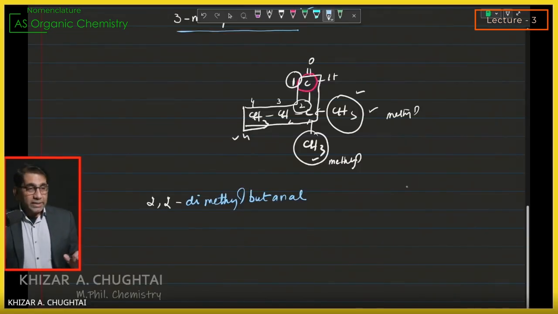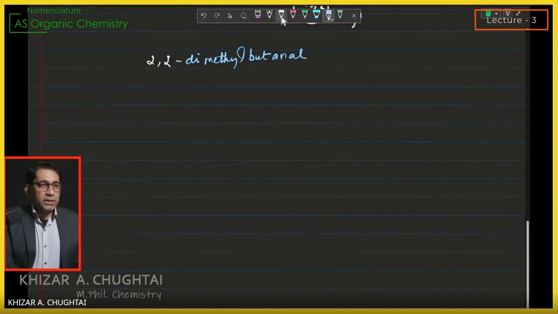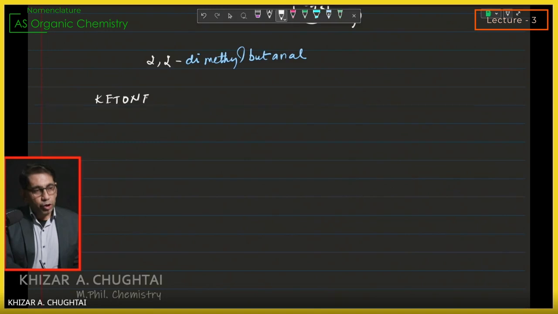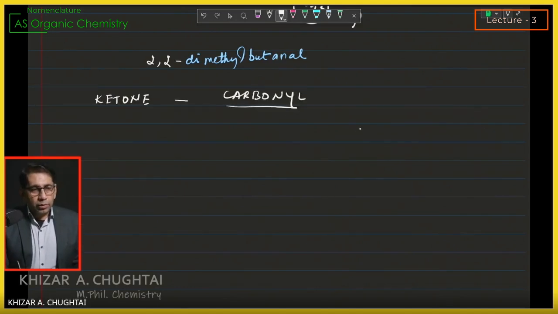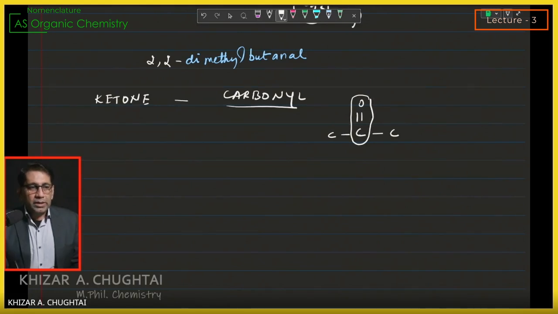Now the next thing I'm going to explain is ketone. The next functional group is ketone. I mean, ketone is the homologous series, and the functional group is basically carbonyl. In ketone, C double bond O, here is a carbon, here is another carbon. So the basic thing is that in ketone, C double bond O is present between at least two carbon atoms.